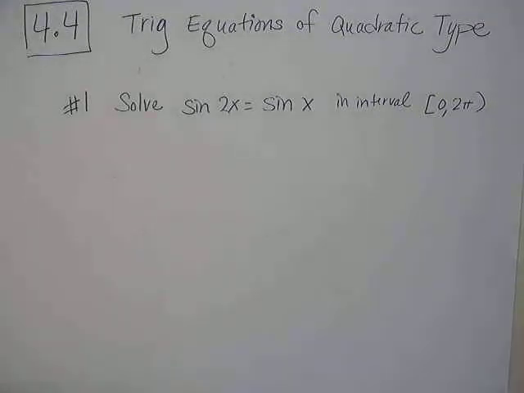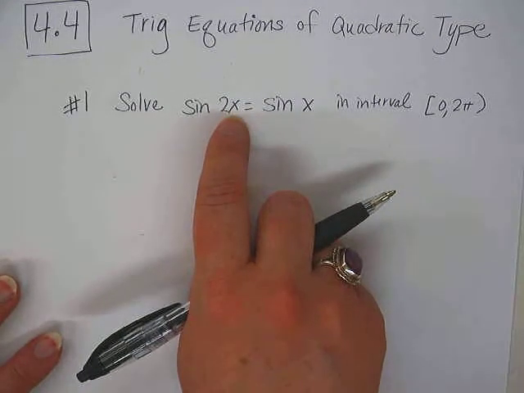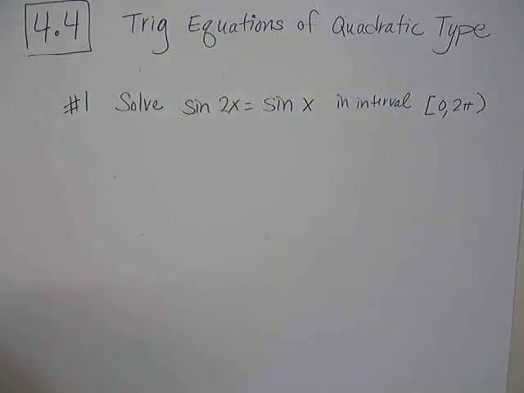Yeah. So on your list of hints, I believe there's one that says try to get everything in terms of one specific angle. Yes, the first one says it. Oh, perfect. So we don't want a double angle here and a single angle there. We want it to all be the same angle.